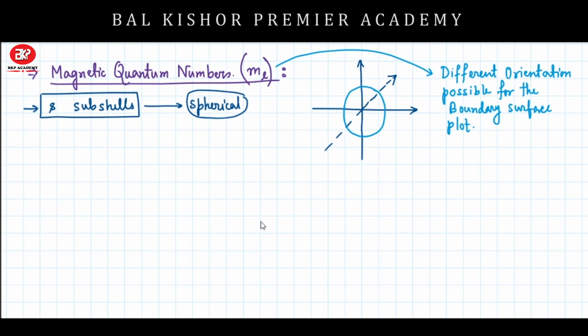This is the meaning of magnetic quantum number. A spherical boundary surface plot will have only one orientation.